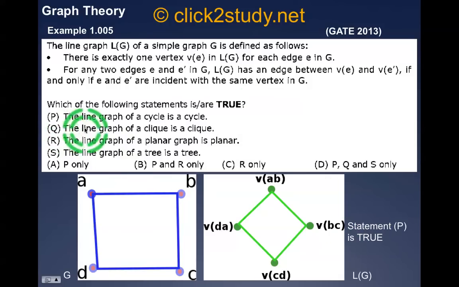What about the statement Q? The line graph of a clique is a clique. What is a clique? Clique here means the complete graph. What is the complete graph? A complete graph is a graph in which every vertex is connected with every other vertex. So let's take statement Q and try to see what we get if we take the line graph of a clique.